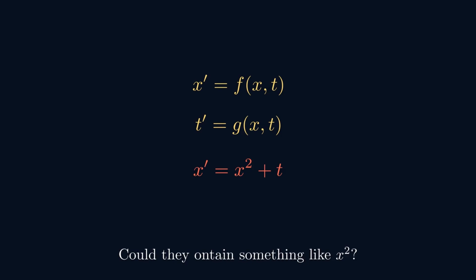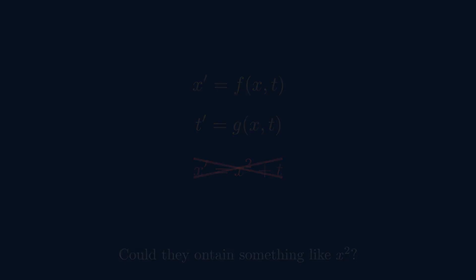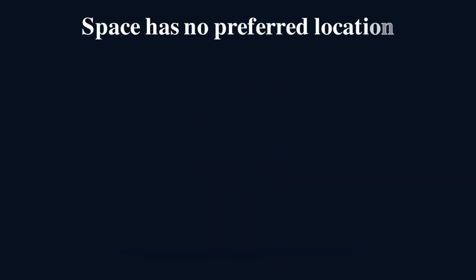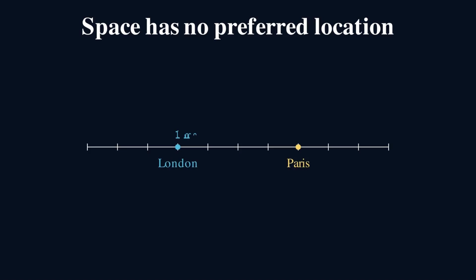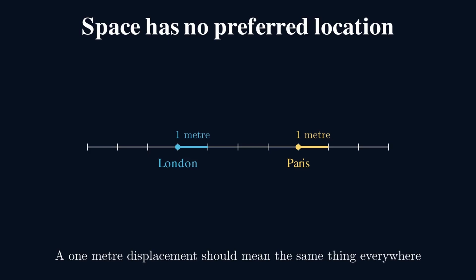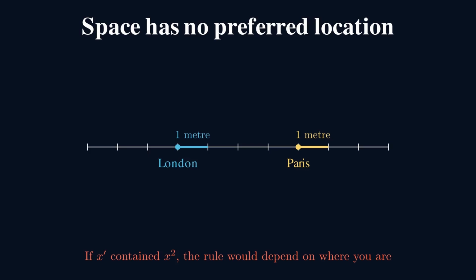Could, for example, x prime be of this form, containing a quadratic in terms of x? The answer is no, for the very simple reason that 1 meter in one location, say London, has to be the same as 1 meter in any other location, say Paris. And so the only feasible relationship or transformation from x, t to x prime must be linear.